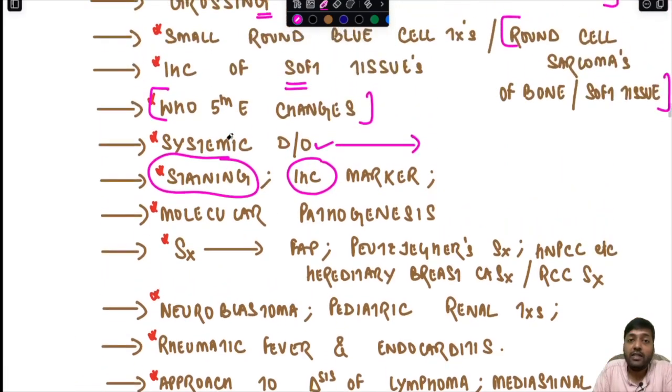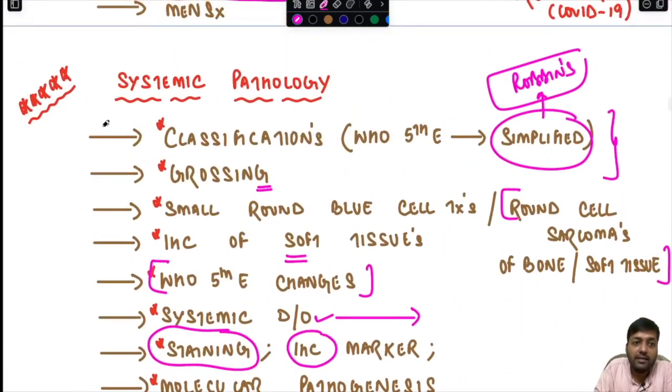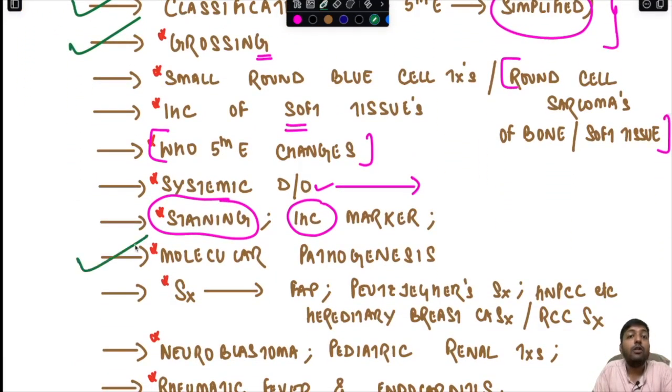Then very important, as I told you, these two questions I am just marking in green. Classifications and grossings I have marked. Similarly, molecular pathogenesis also. One question from molecular pathogenesis will come in your exam.